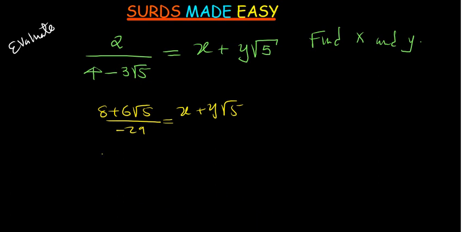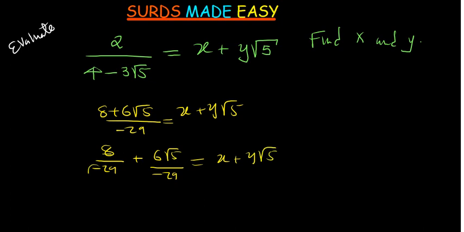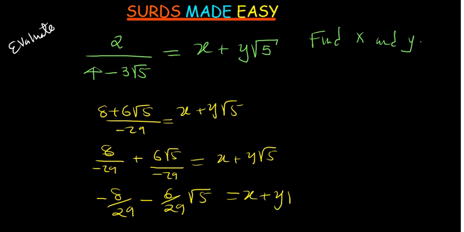So that will be 8 over negative 29 plus 6 root 5 over negative 29, and that is going to be x plus y root 5. Now we don't advise putting negatives down, so this is the same as negative 8 over 29 minus 6 over 29 root 5, and that is equal to x plus y root 5.